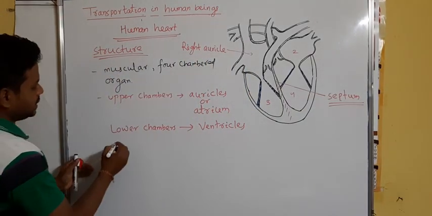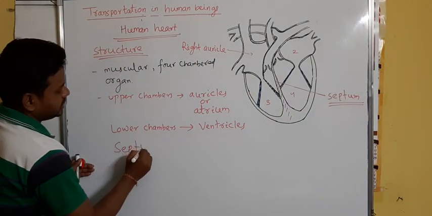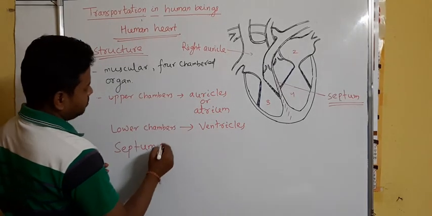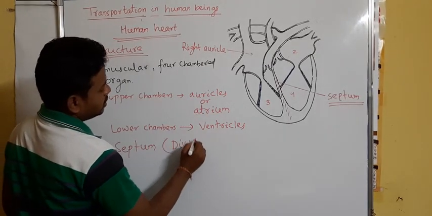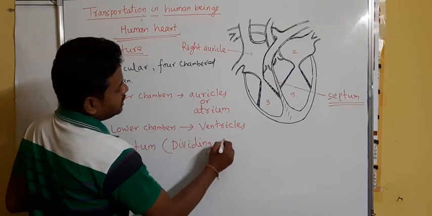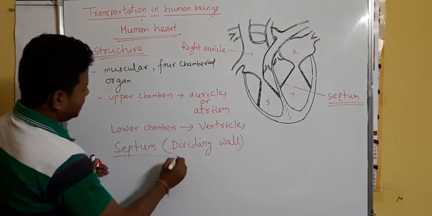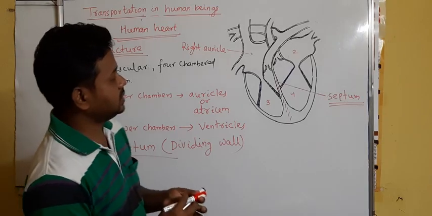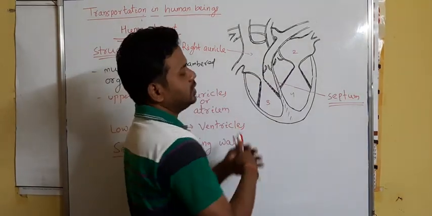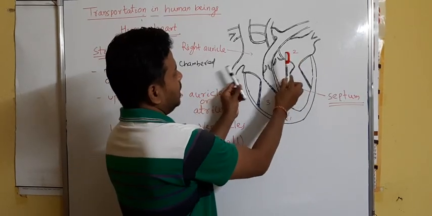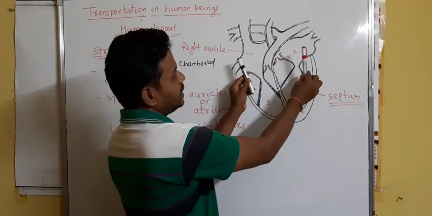So there is a septum present in the middle of the heart, which is the dividing wall. The septum means the dividing wall. The dividing wall present in the middle of the heart divides the heart into two parts, right part and left part.